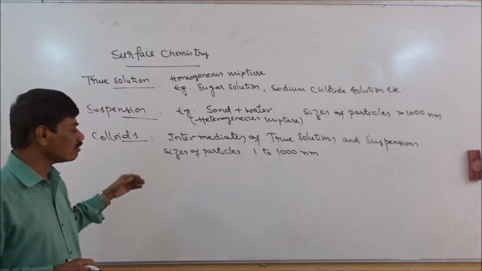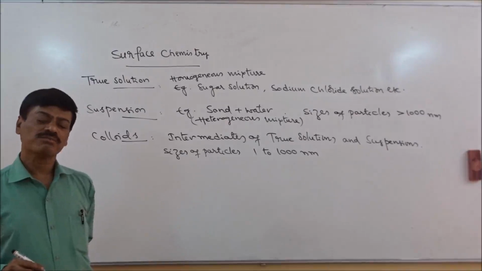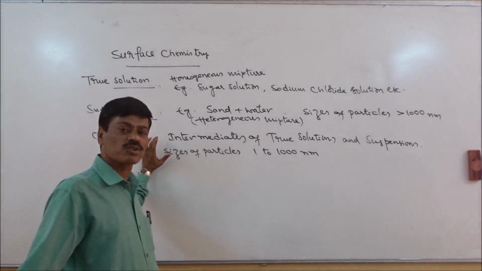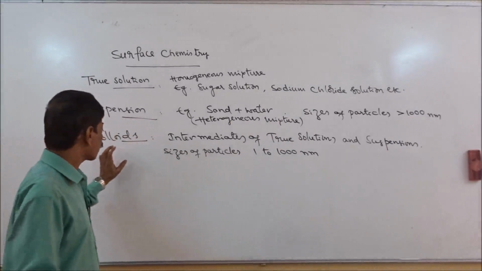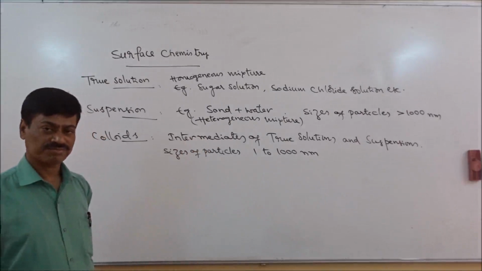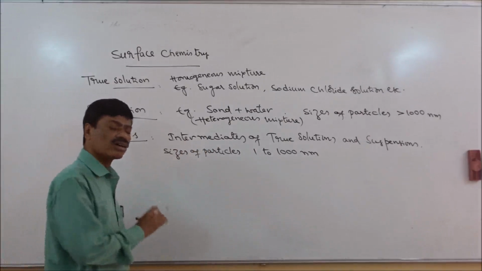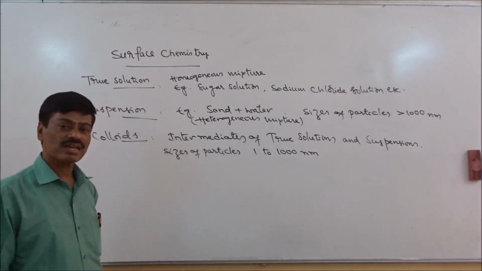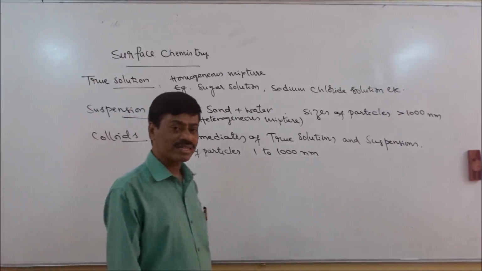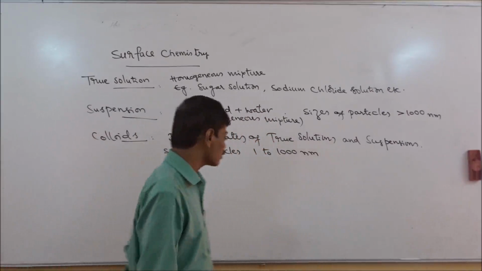So that way it is heterogeneous mixture. So without the help of microscope, with naked eye, colloids look like homogeneous mixture. But with the help of microscope, it looks like heterogeneous mixture.